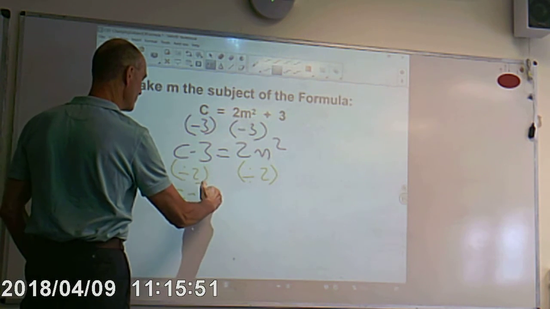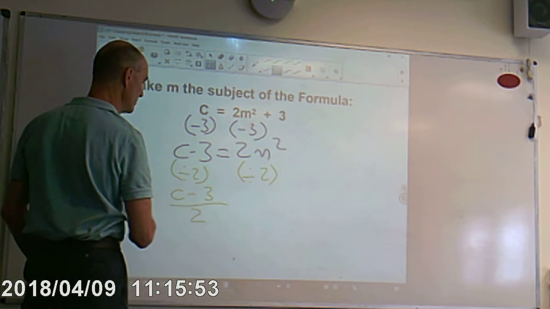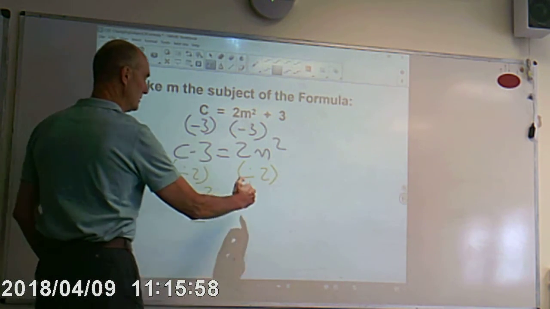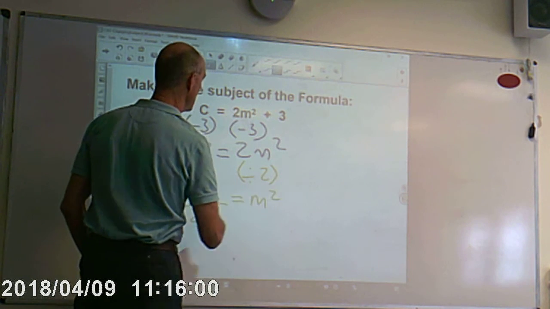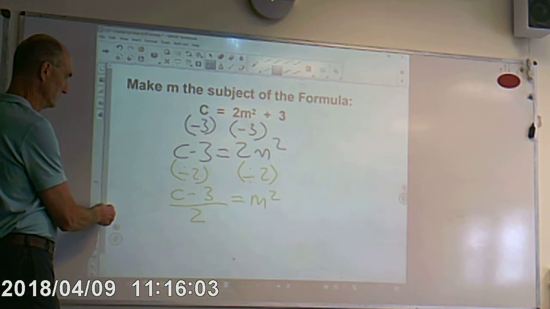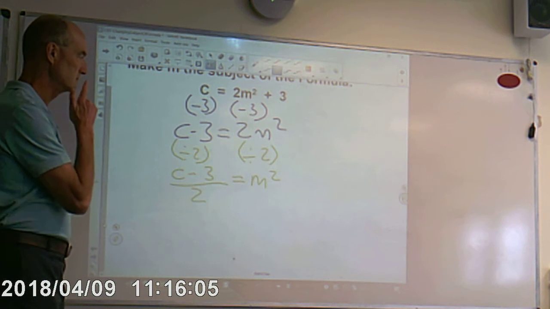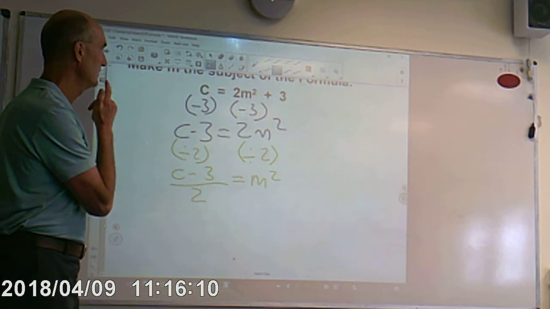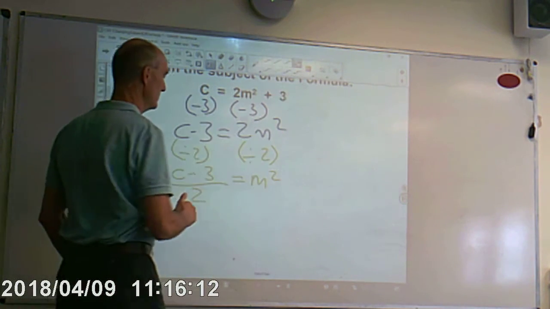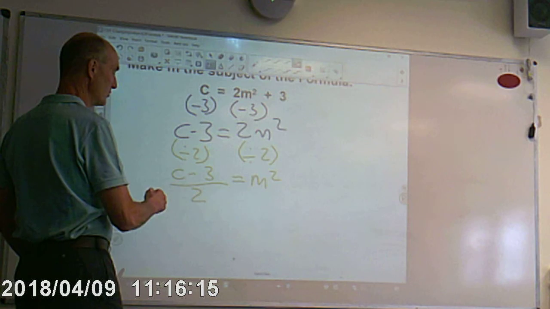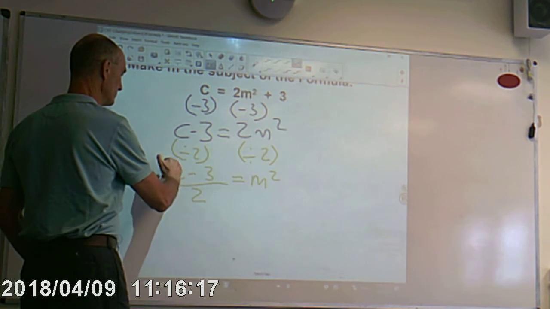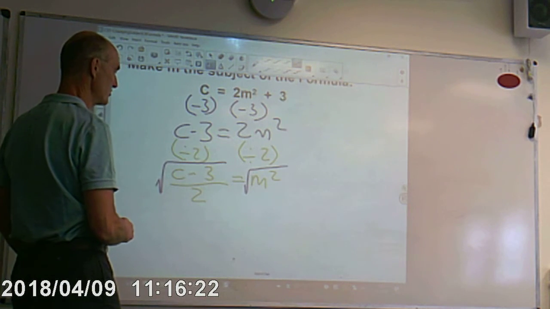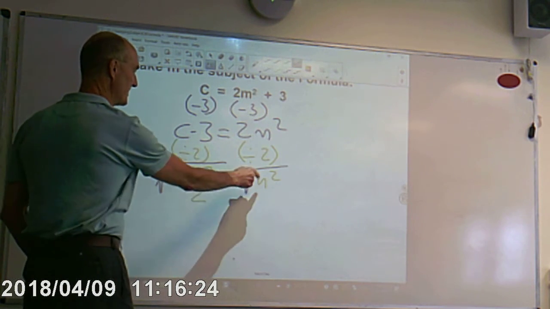So c minus 3, all divided by 2, is m squared. But we want to get m on its own. We want m being the subject of the formula. So that means you've got to square root both sides. Square root both sides to get that m on its own.